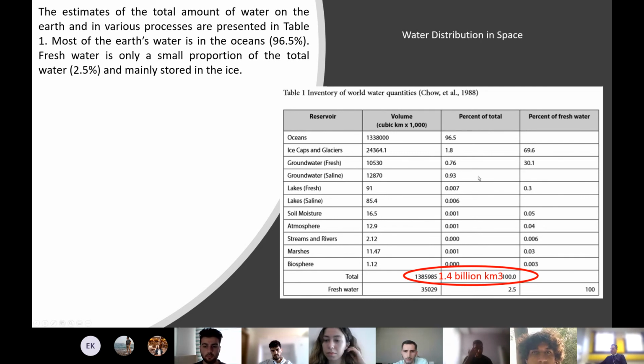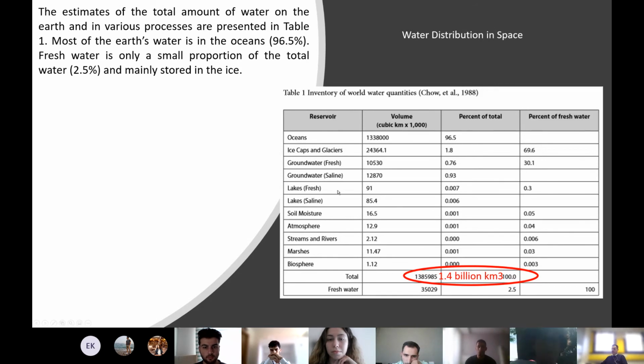And the other reservoir is groundwater. We have saline and fresh groundwater separated. In this column, you see that fresh groundwater, which is the main fresh water for humanity, is only 0.76% of the Earth's water.